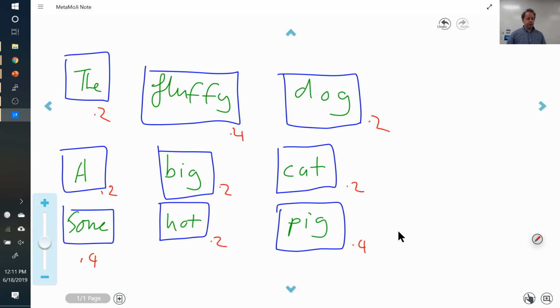So the greedy version would say the answer, which our inference would be, is some, because that's the highest, fluffy, because that's the highest, pig, and then the rest of the sentence. But that doesn't make a hell of a lot of sense, because you don't normally describe pigs as fluffy.